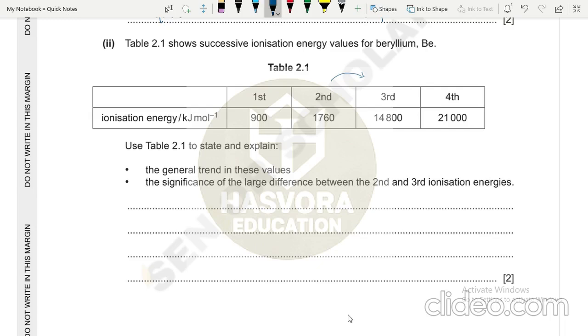So we can write that the successive ionization energy increases generally as the effective nuclear charge increases as each electron is removed.